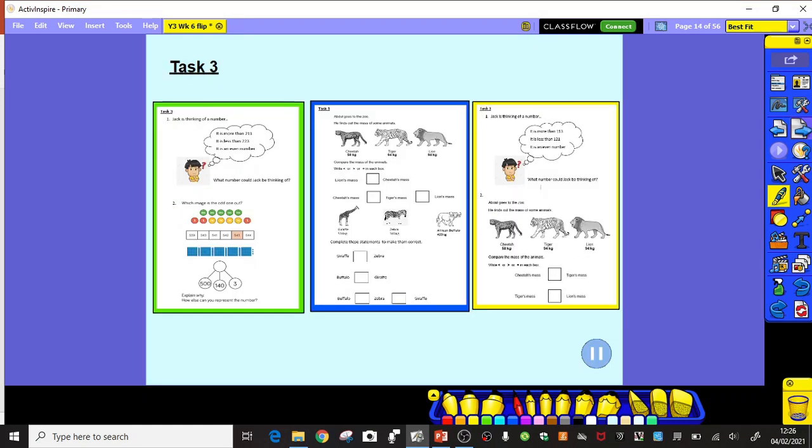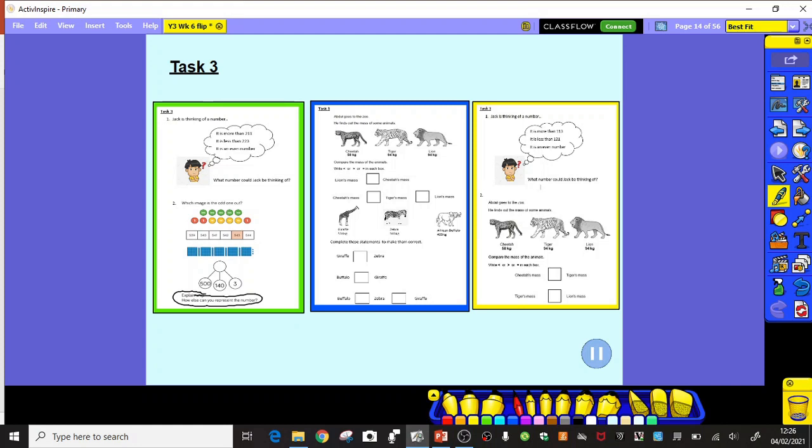And then task 3, green group have got a thinking of a number problem and an odd one out problem. Don't forget to explain which one you think is the odd one out and why that is. And it says at the bottom, how else can you represent the number?